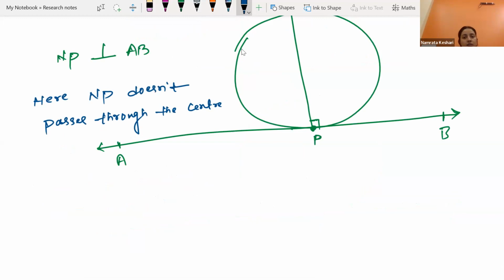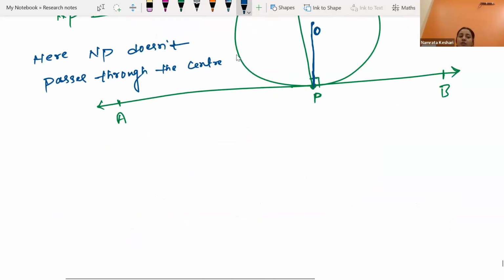Now we will say that there is a center O over here. OP, the first theorem. I'm going to write the first theorem now.